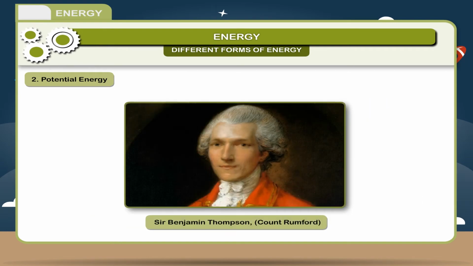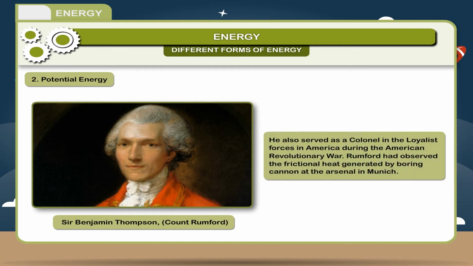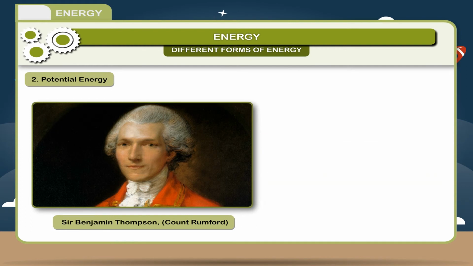Scientist. Sir Benjamin Thompson, Count Rumford, was an Anglo-American physicist and inventor whose challenges to established physical theory were part of the 19th century revolution in thermodynamics. He also served as a colonel in the Loyalist forces in America during the American Revolutionary War. Rumford had observed the frictional heat generated by boring cannon at the arsenal in Munich.